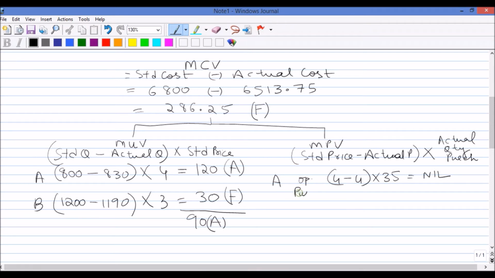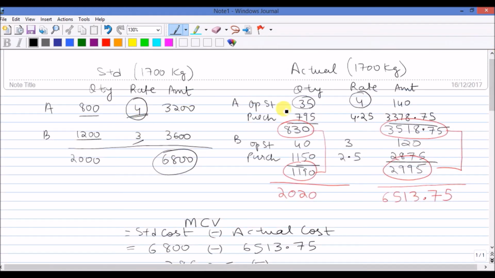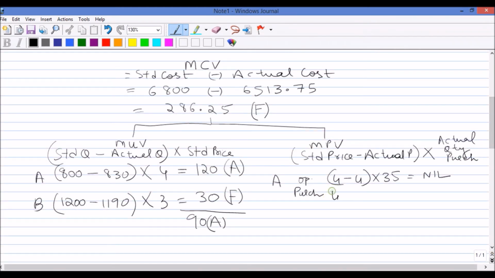And for the current year purchase, it would be 4 minus 4.25 into 795.